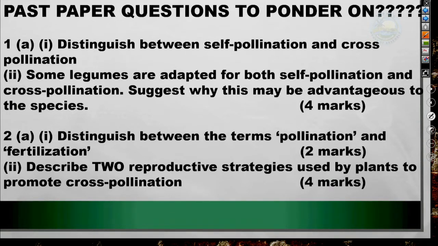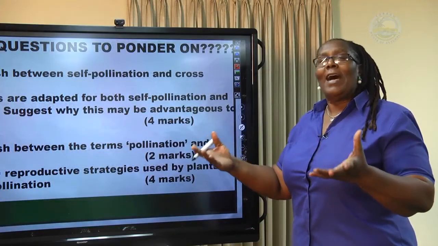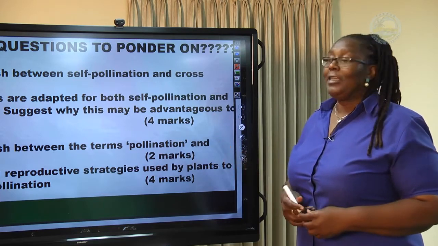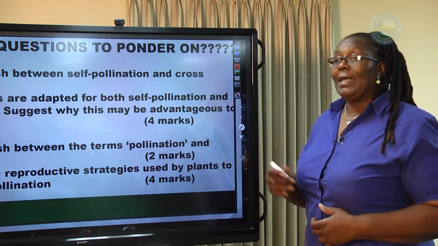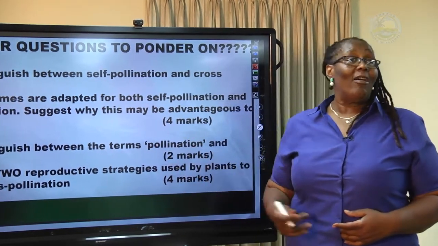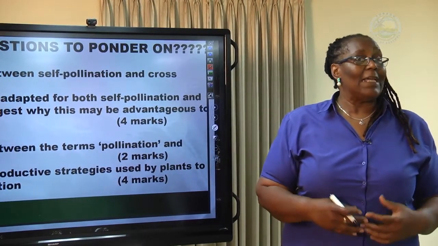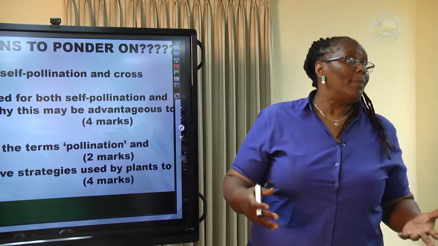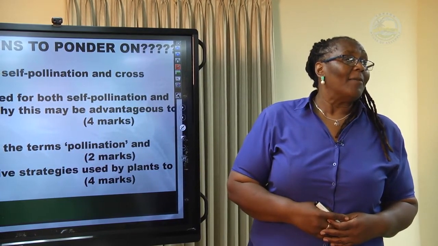And then they asked, some legumes are adapted for both self-pollination and cross-pollination. Suggest why this may be advantageous to the species. What is the advantage of being able to have self and cross-pollination? Well, there are times when you may not have a male around. There are times when you may not have another tree in the vicinity. You may be a lone plant in the area.